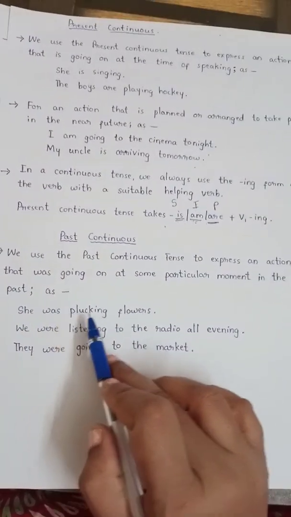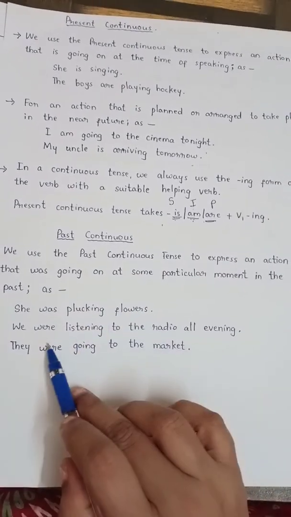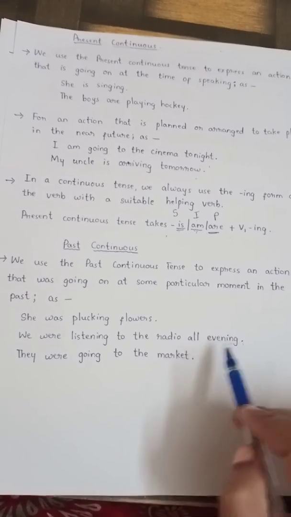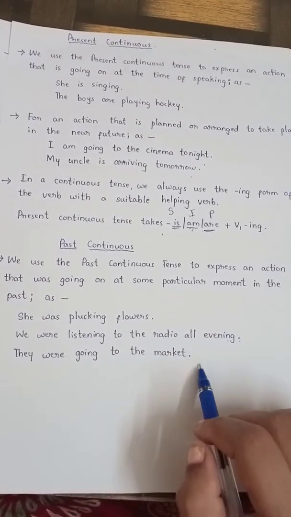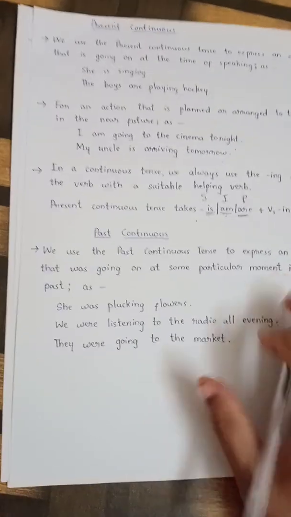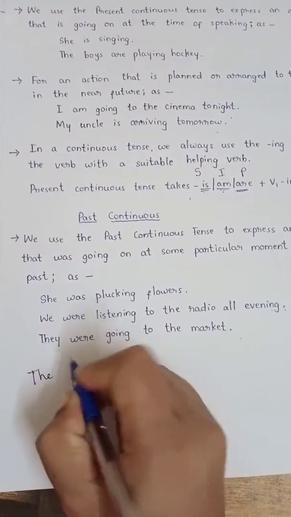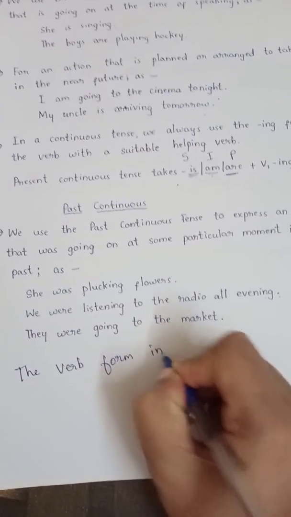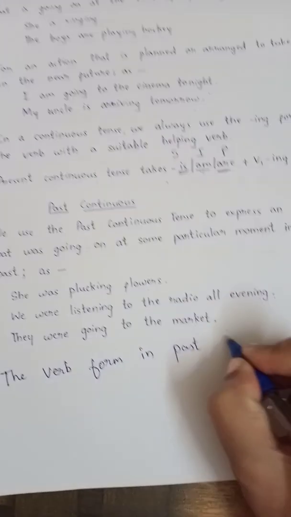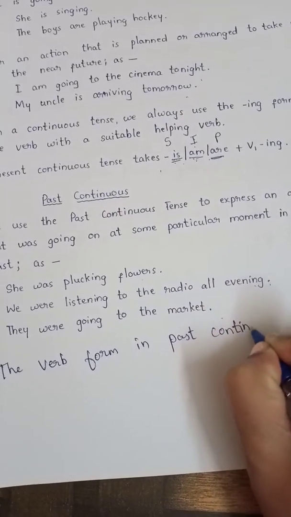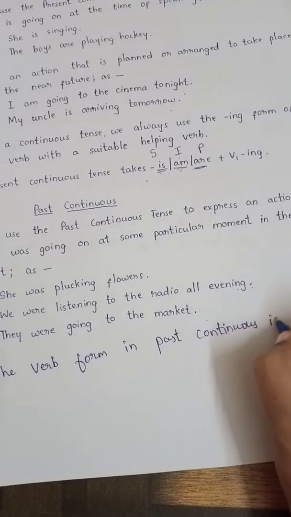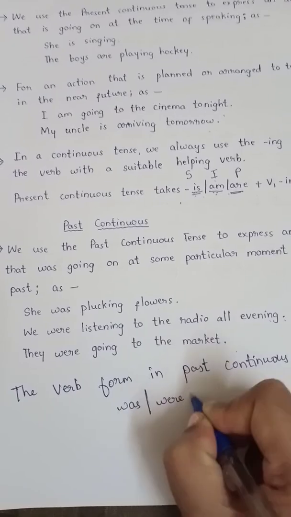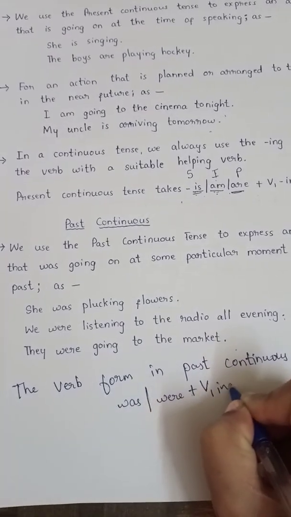Here, she was plucking flowers. We were listening to the radio all evening. They were going to the market. So how does the verb form look, children? The verb form in past continuous is was or were plus V1 ing.